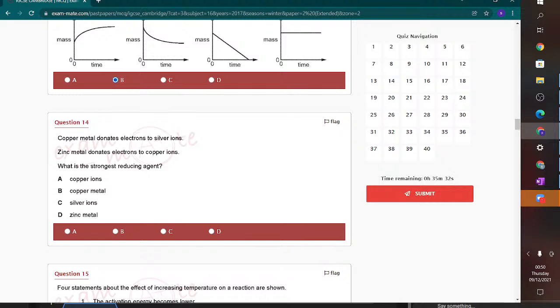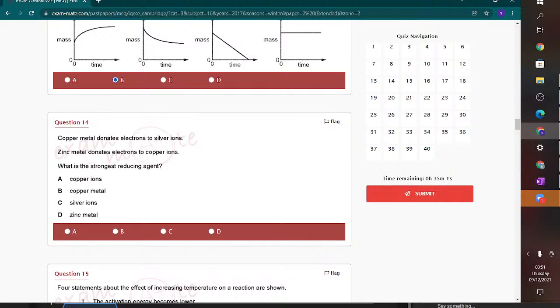Okay, the more reactive the element, the more it likes to stay as ions, through loss of electrons. So the metal should be the reducing agent, not the ions, because ions are gaining electrons.